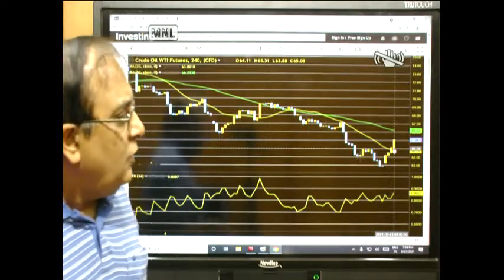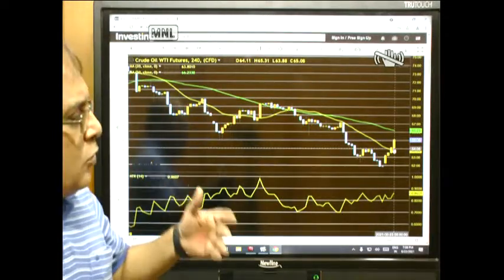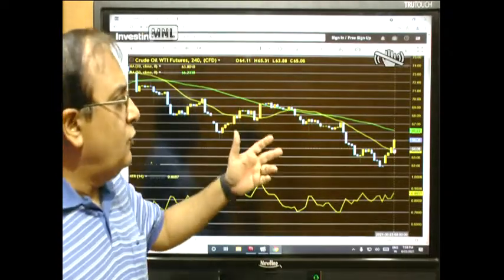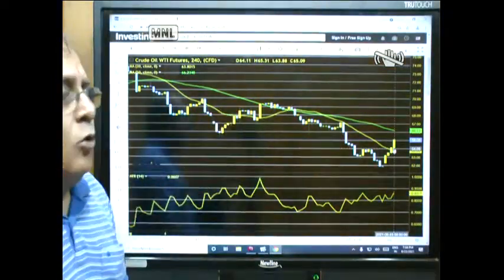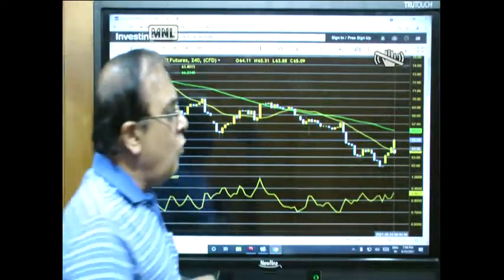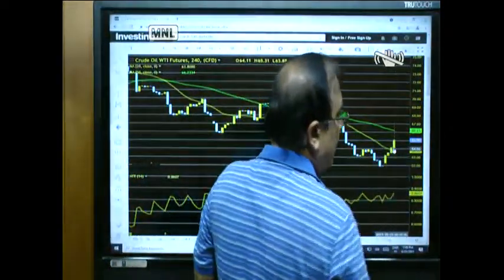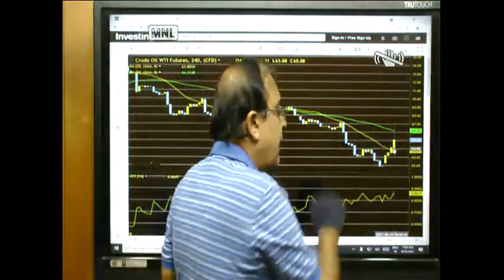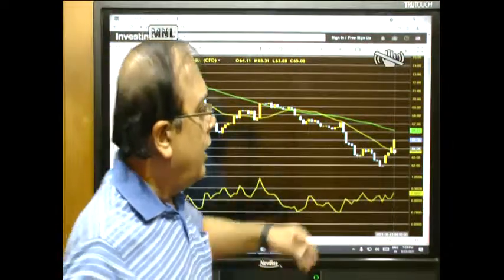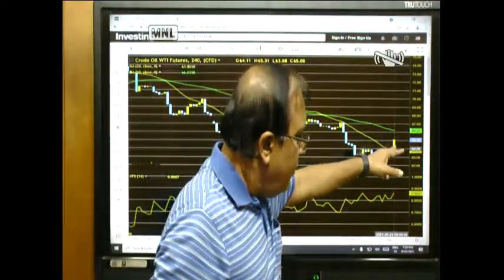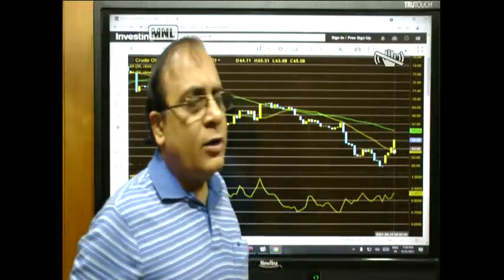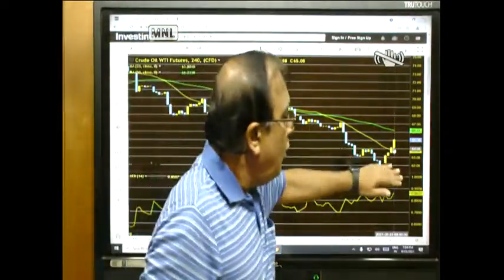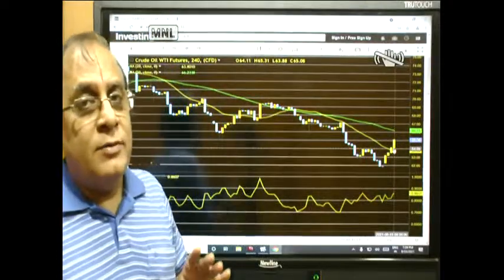Now if it starts to cut at some stage later today or tomorrow below this particular low, then in that case I will go short below this with this particular bar high as a stop loss. The reason is that if it starts cutting below this, then this top would be a pivot top above the 20 moving average, and so it can fall much below the 20 moving average, giving us enough profits.